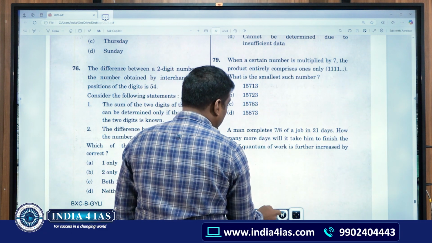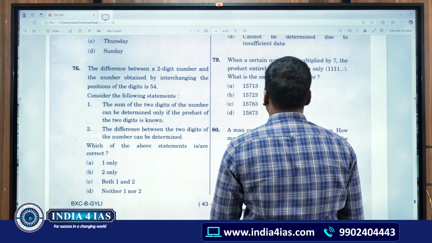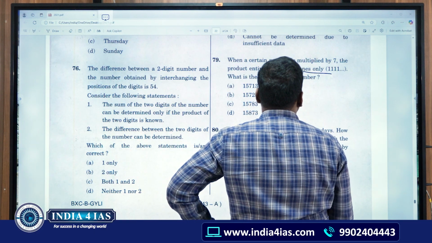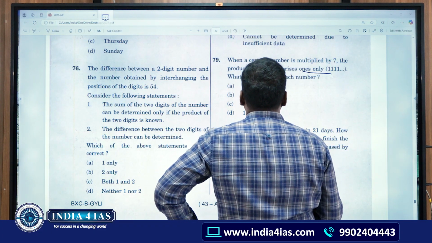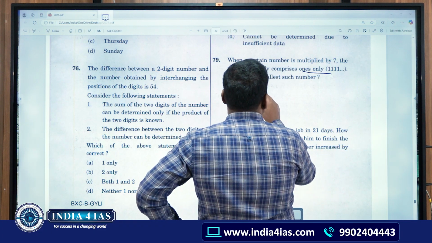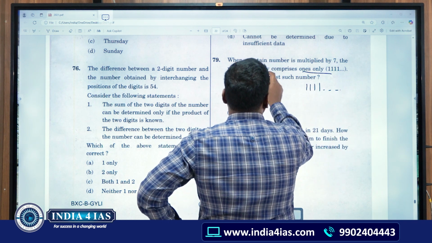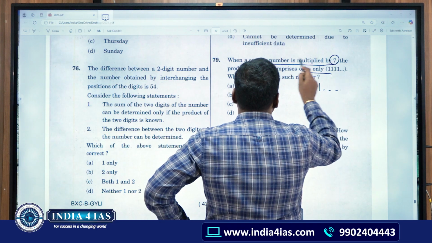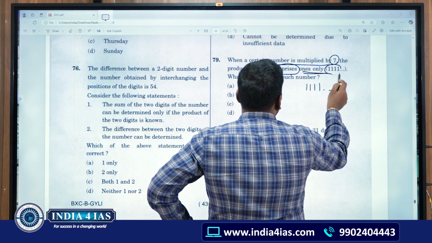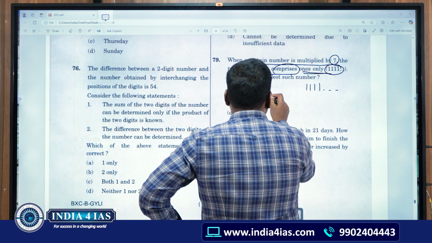When a certain number is multiplied by 7, the product entirely comprises ones only. That is 1, 1, 1, 1 and like this. So you have to think of that number which, when multiplied by 7, gives this.